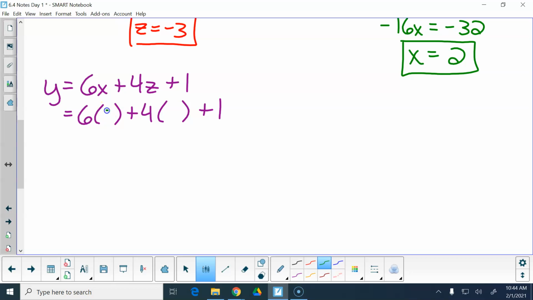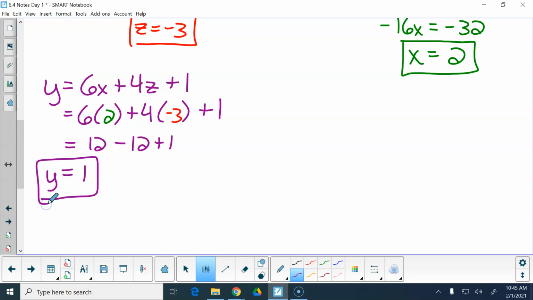X was 2. Z was negative 3. 12 minus 12 plus 1 is 1. So our possible point is 2, comma, 1, comma, negative 3.